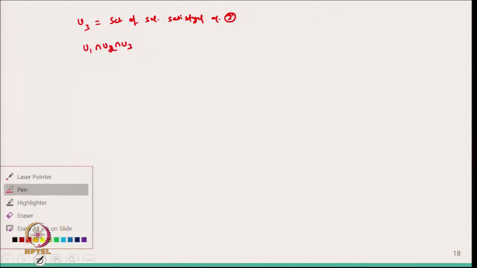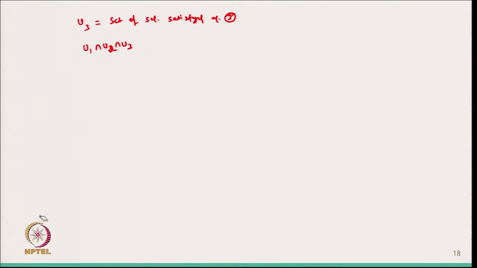In this case I am defining the set of vectors, not the solution.